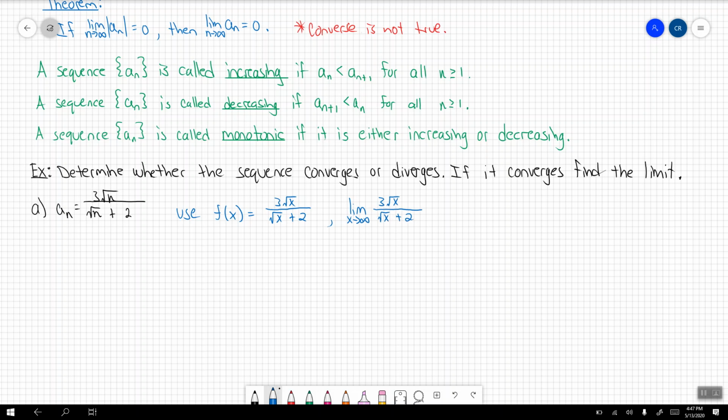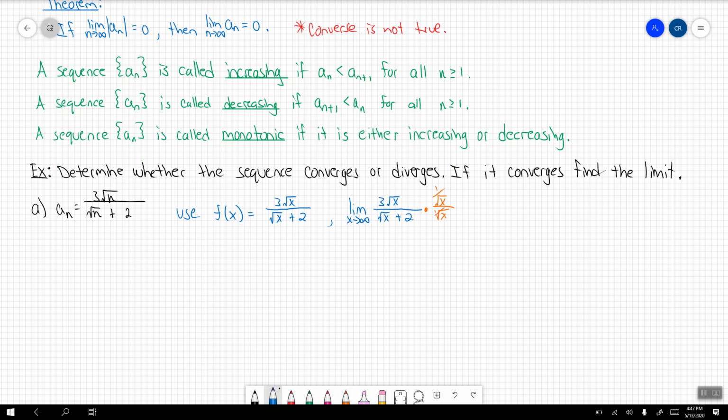Now, if you remember back from Calc 1, the way we do this is we multiply both numerator and denominator by the variable with the highest exponent in the denominator. When we do this, we can divide out by that.